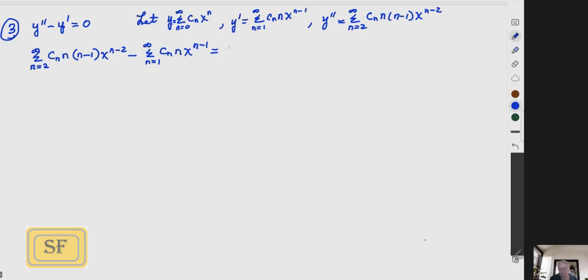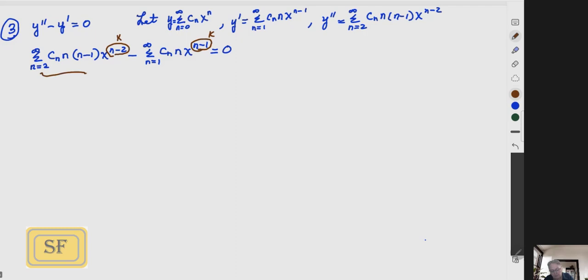That's what we get. So notice there are no x's outside of either summation. So our first step is going to be to look at those exponents, and that's going to be our k for each summation.